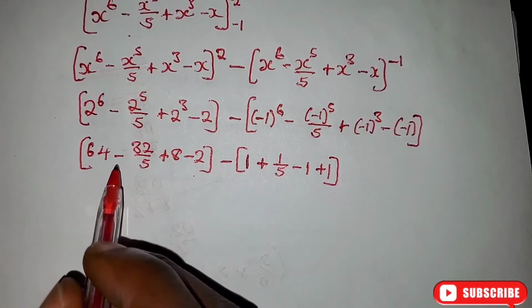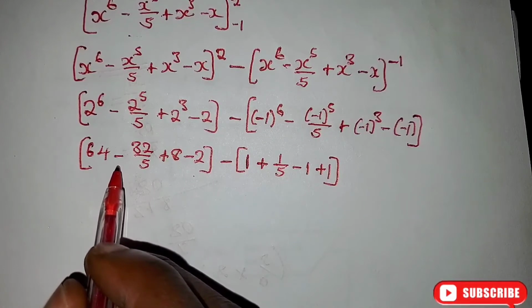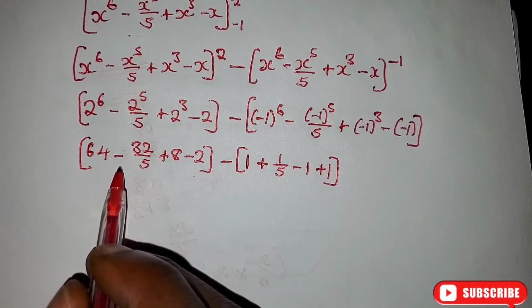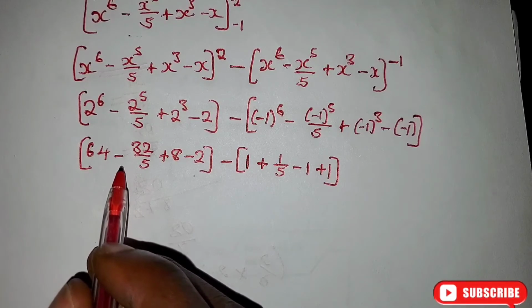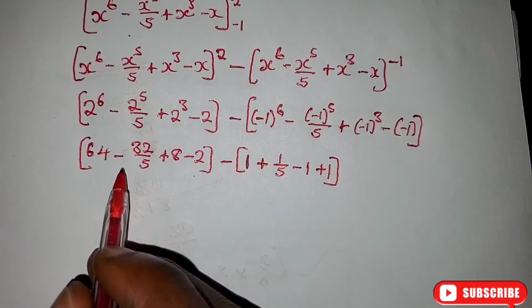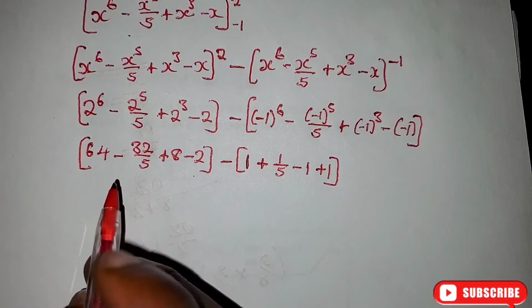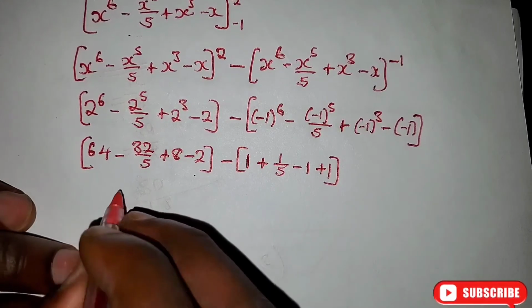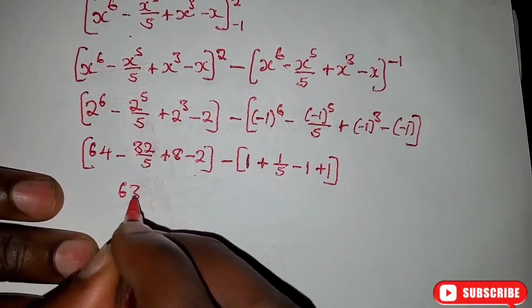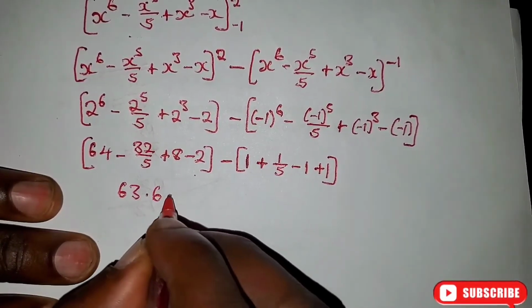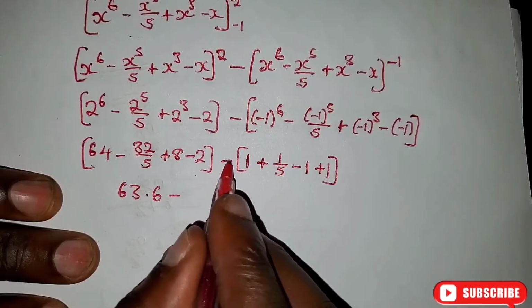So you can say 64 minus 32 over 5 plus 8 minus 2. This is giving me 63.6.